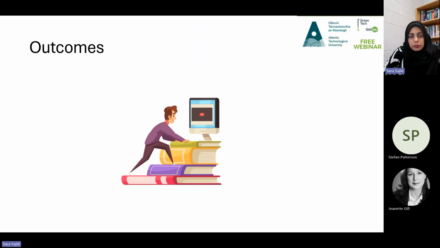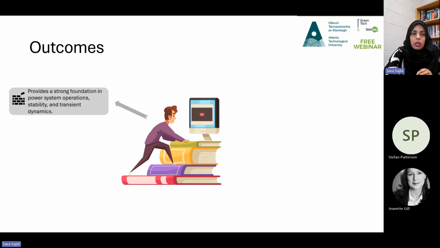If we talk about the outcomes after finishing these modules, the students will be able to have a strong foundation in power system operations, stability, and transient dynamics, along with conditions that can be normal or abnormal.